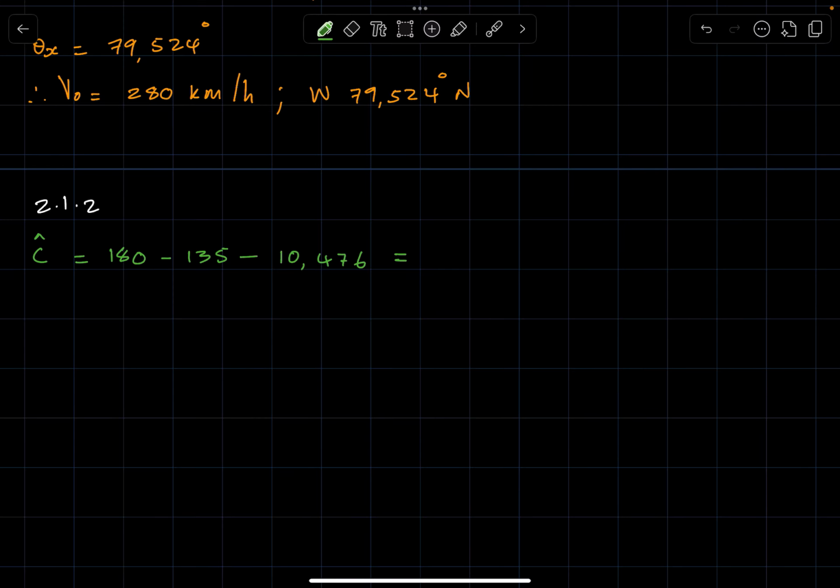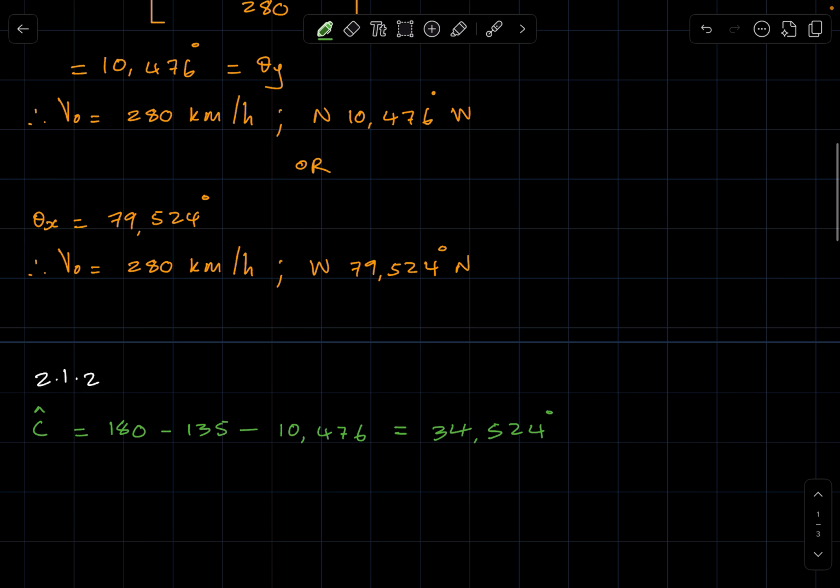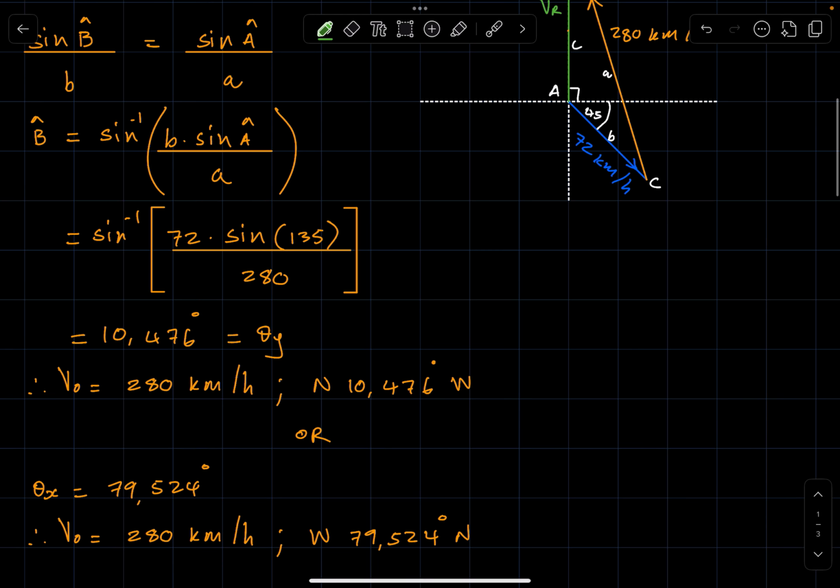The reason for this is, remember, the sum of angles in a triangle must add up to 180. So punching this in your calculators, you should get 34,524 degrees. That's this angle C.